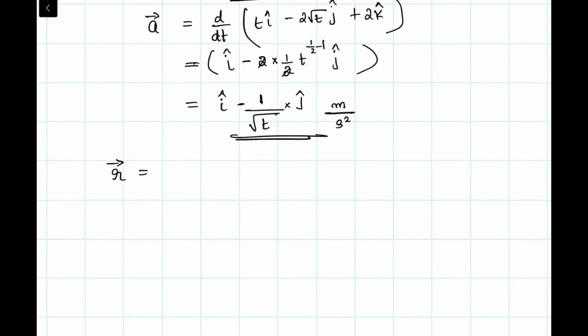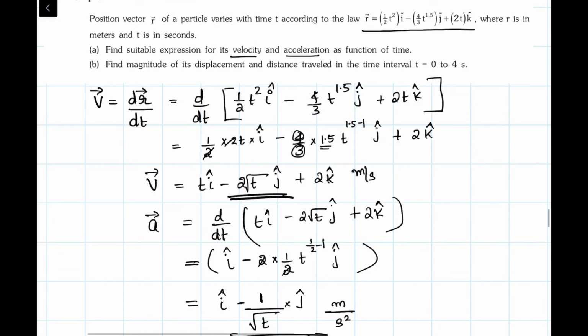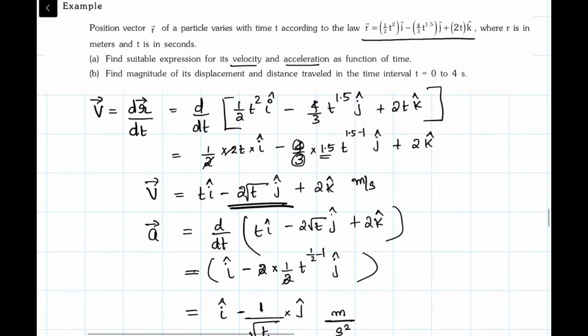Let's write the position vector again, instead of more confusion: half t square i cap minus 4 by 3 t power 1.5 j cap plus 2t k cap, as in the given question. Is it correct?